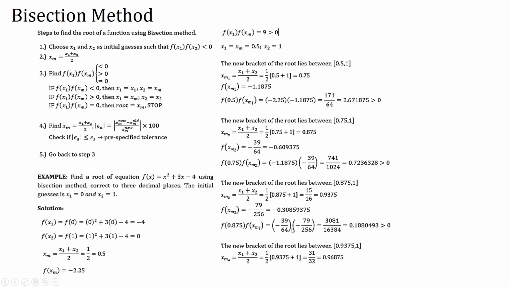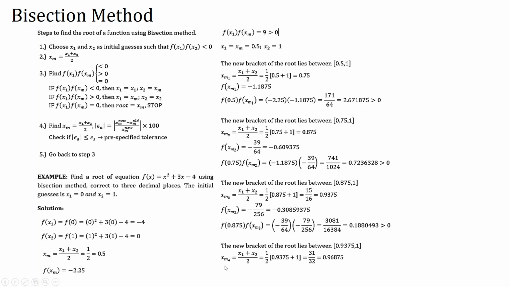Multiply by the value we got from the midpoint, resulting in a value again greater than 0. So the new bracket of the root lies between these values, particularly 0.9375, which is our new x1, and x2.